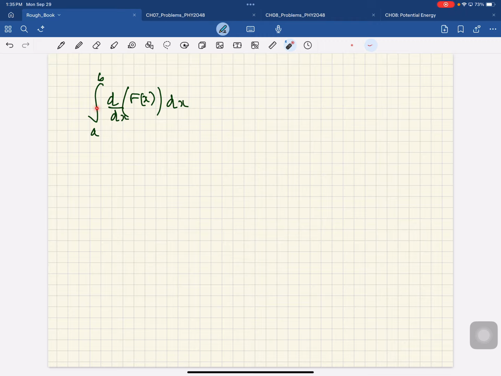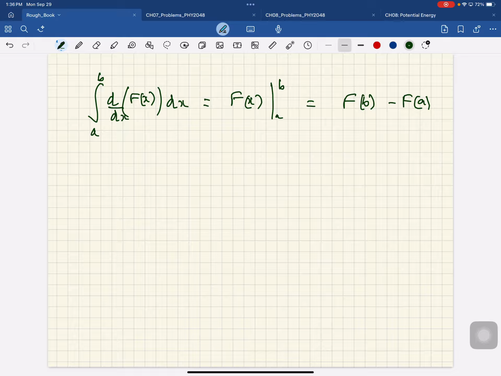So if you take the integral of a derivative, then they undo each other, so this is f(x) in the limits a to b. So this is just that function evaluated at b minus that function evaluated at a. That's the fundamental theorem of calculus. Okay. So now we begin to use that.